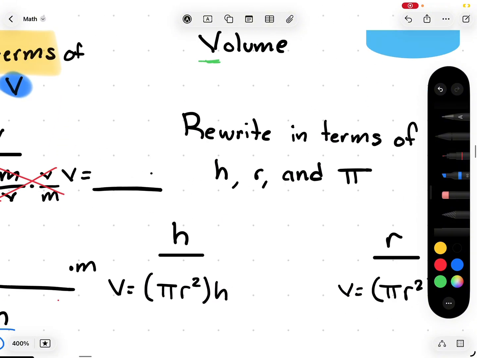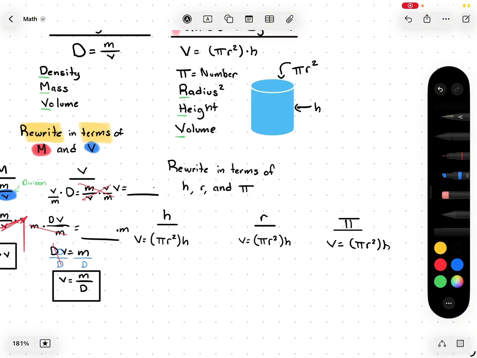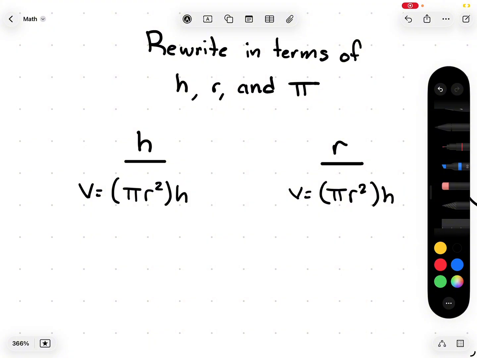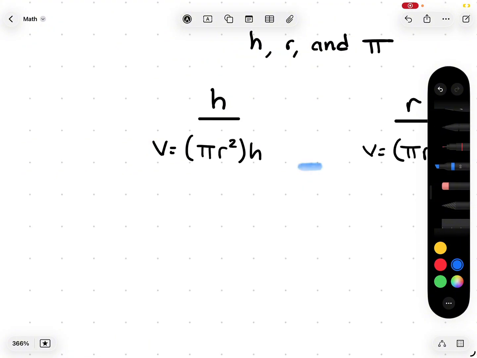So let's try that here. Again, we already have everything written out, and I'm going to move this to the side so that I have more space. Okay, h. We're trying to get this equation to look like the one over here, so that is h equals something. Now to get there, we're going to deal with the numbers that are connected to h. As we see here, pi times r to the power of 2 is being multiplied to h.